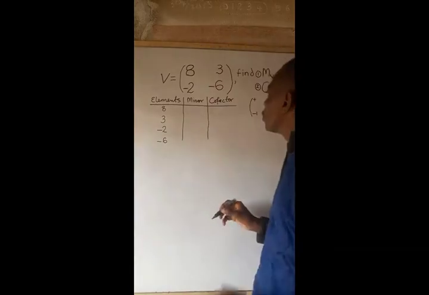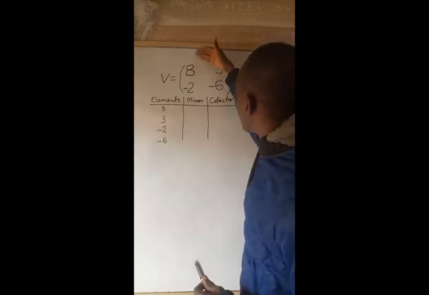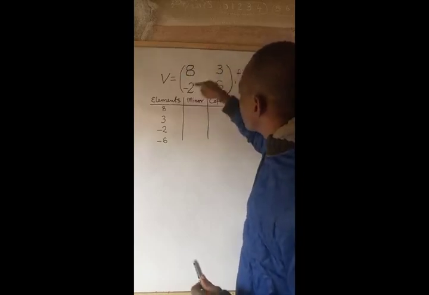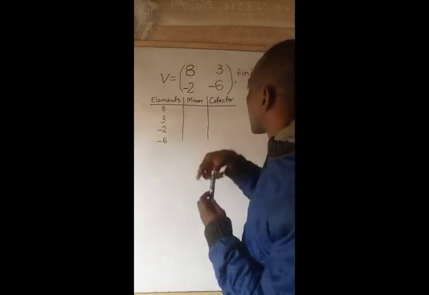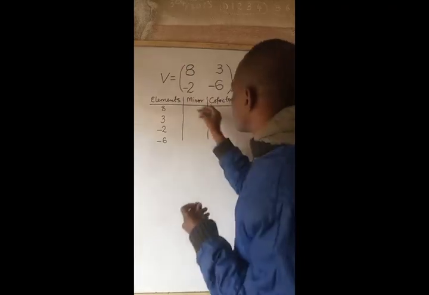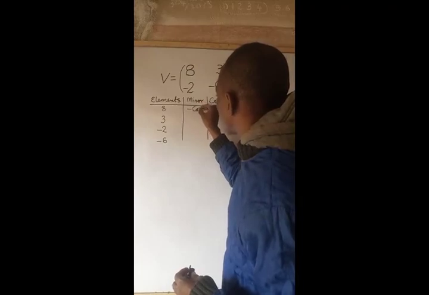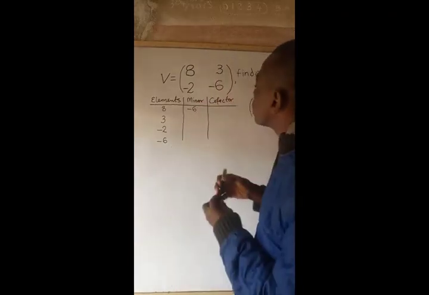So how do we obtain the minor? We obtain the minor by deleting the row and the column in which that first element lies. So if I delete this and this, we will have -6, meaning that the minor of 8 is -6.